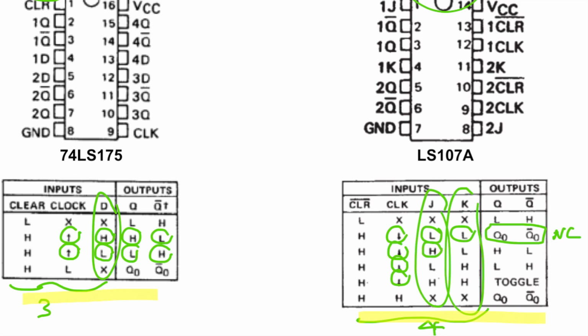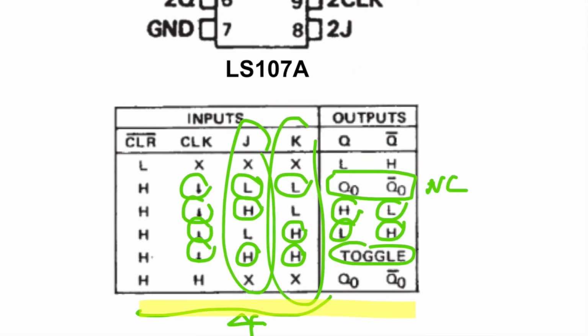When J is H, then Q would be H and Q bar would be low. When K is H, then it will set Q bar to H and Q to be low. When both are high, then it will toggle. Toggle means that it will change from high to low and low to high.